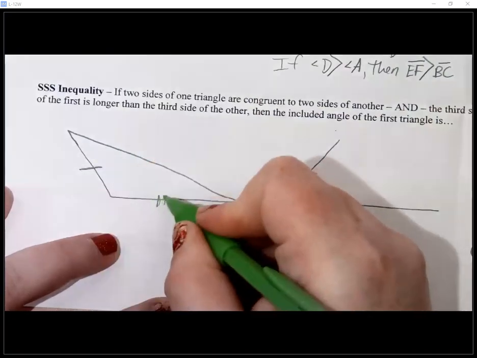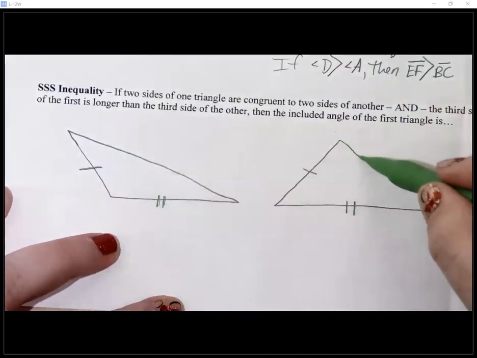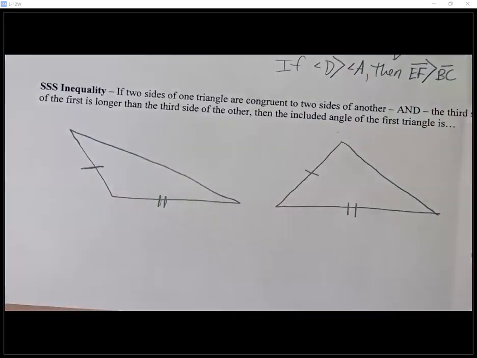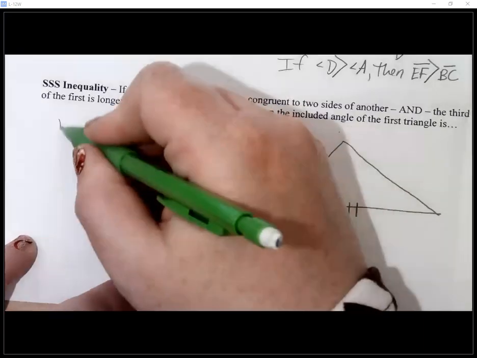And then I'll just finish off this triangle. I'll give you a second to draw your triangles and then we'll fill in some pieces and talk about this. Oh, you know what? Let me give some letters here. A, B, C, and D, E, F.